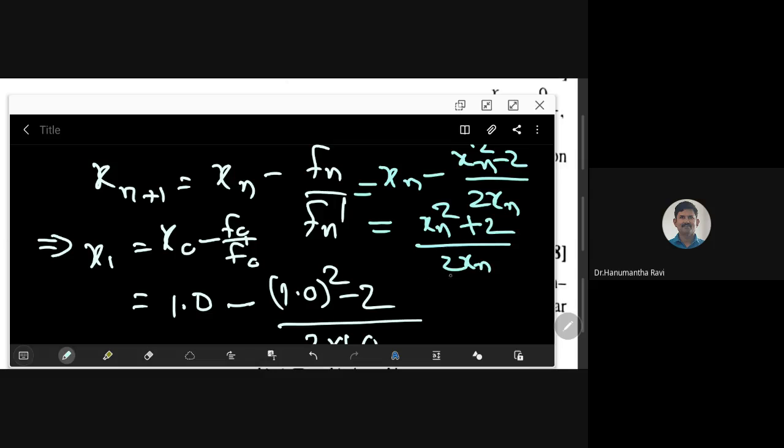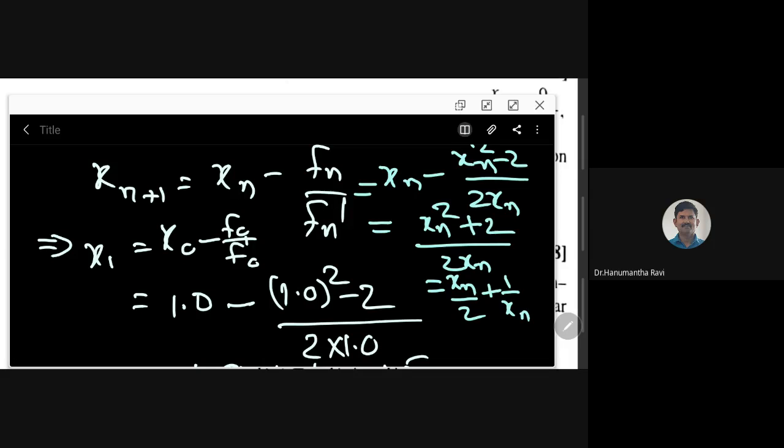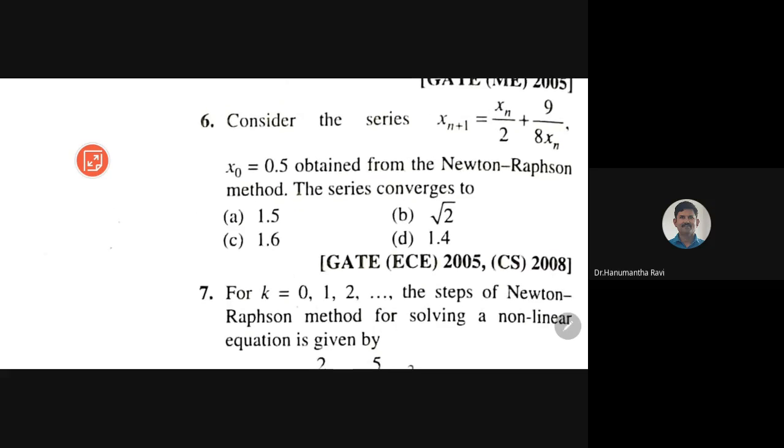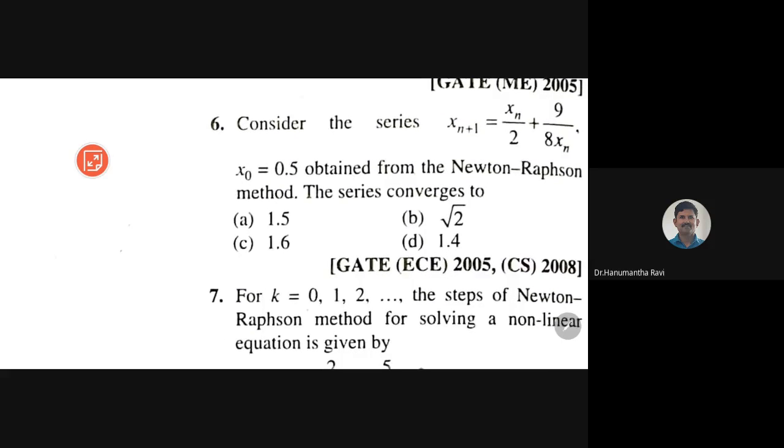Okay, good. So this you can further write as xn by 2 plus 1 by xn. Why I am talking about this is xn by 2 plus 1 by xn. So it is 9 by xn they are writing.